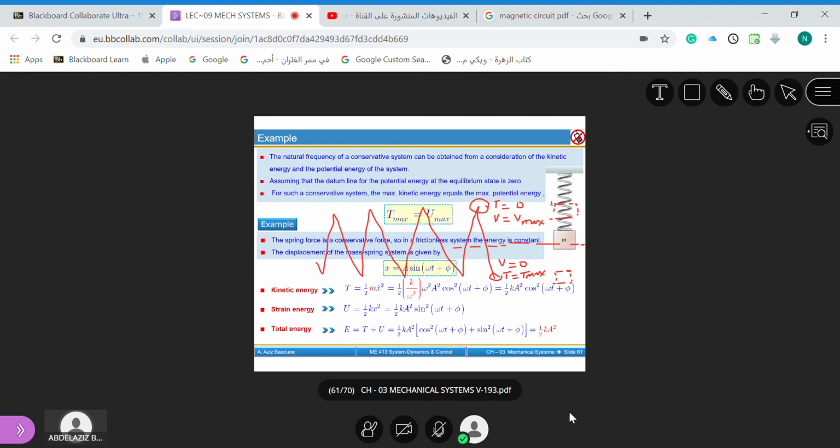At any point, if we add T plus V, it should be equal to V plus T at the other position. So T1 plus V1 is equal to T2 plus V2, which gives V max is equal to T max.